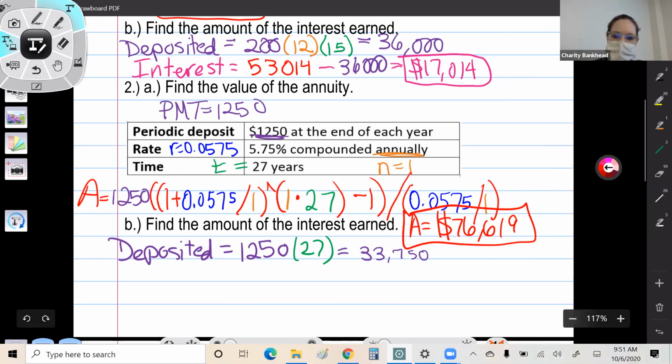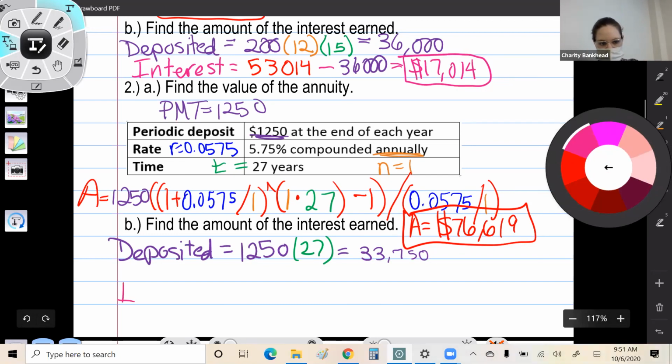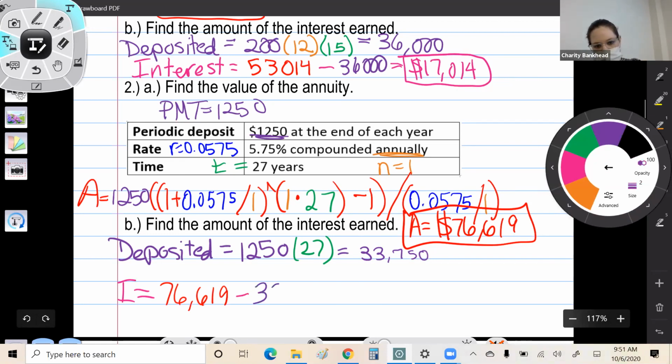So the amount of interest equals 76,619 minus 33,750. So that's $42,869 is the interest.